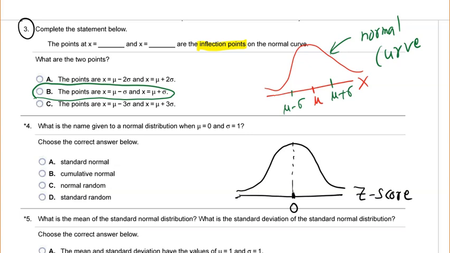Notice that this mean has a z-score of 0. And you have 1 here and 2 here, so it's -1 here, -2 here, and this curve here is called the standard normal curve.